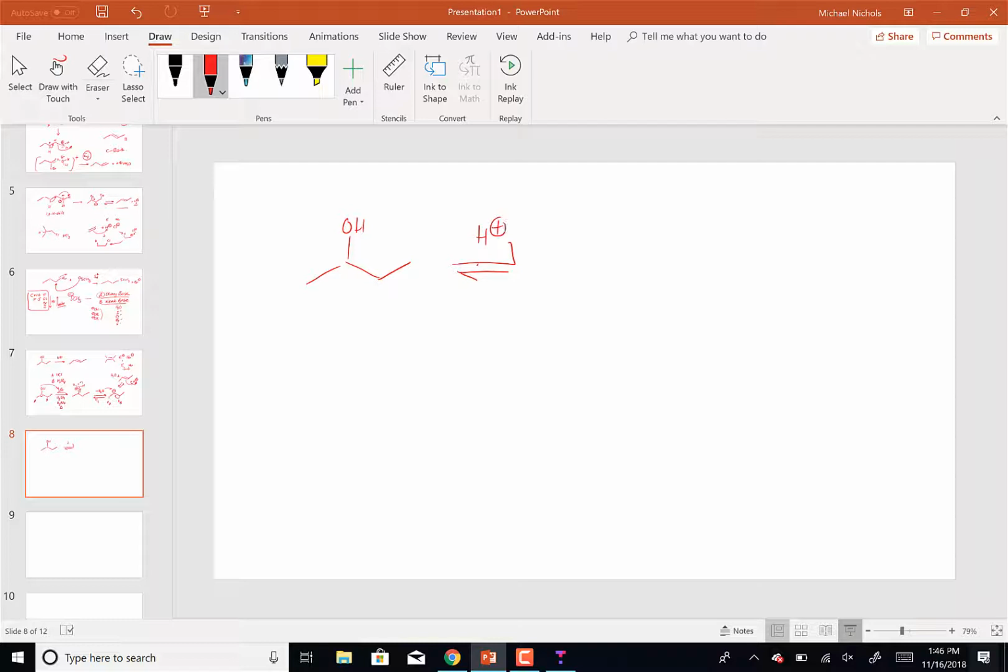The H plus is a catalyst. It protonated the OH, and then there was an H plus lost in the last step. So H plus is a catalyst, and we typically write the catalyst over the reaction arrow. So there's my overall equilibrium reaction.